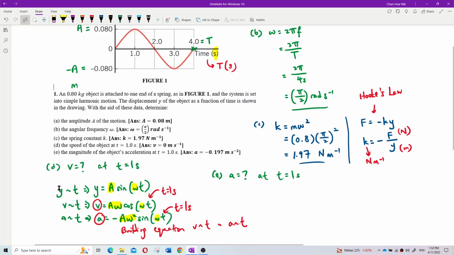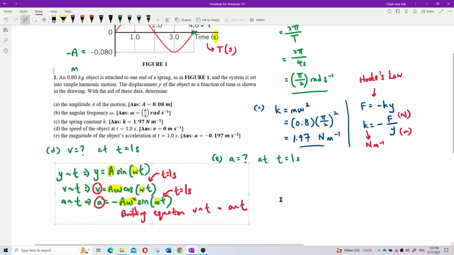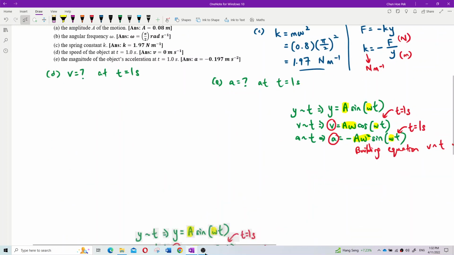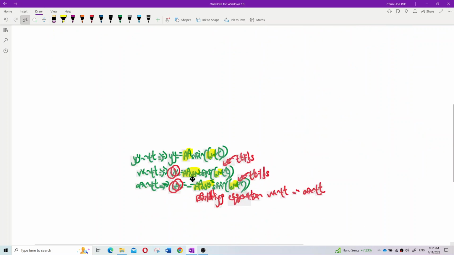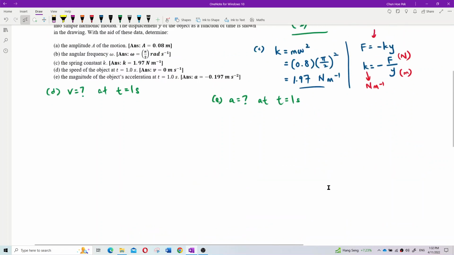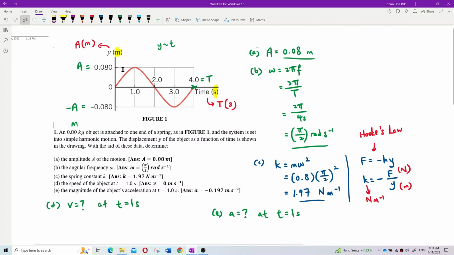But now I want to teach you a faster way of doing these questions, because our time in the exam is limited. You can get the correct answer by building the velocity-time and acceleration-time equations, but do you notice that it already gives you the graph of displacement-time?